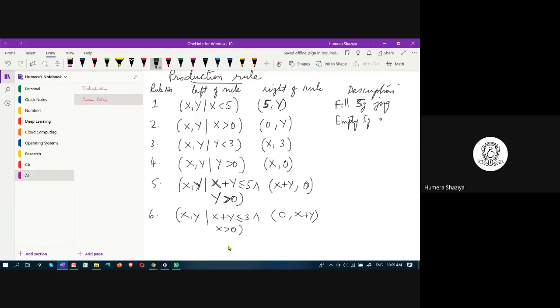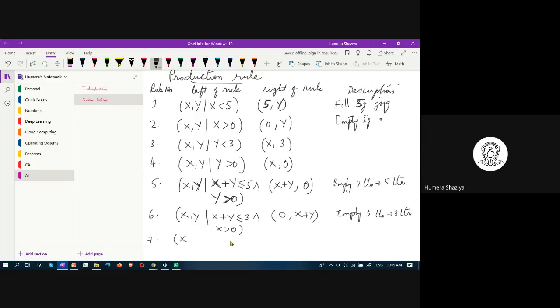This is empty 5 liter into 3 liter. This one is empty 3 liter into 5 liter. You are pouring the 5 liter jug water into the 3 liter jug.